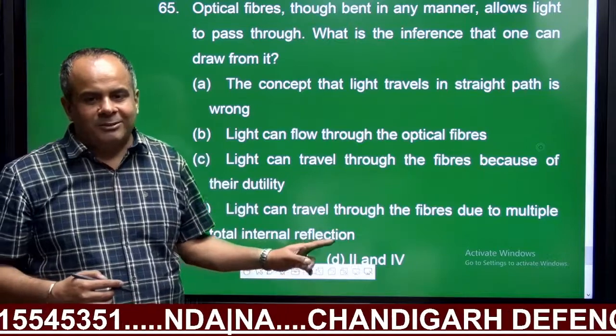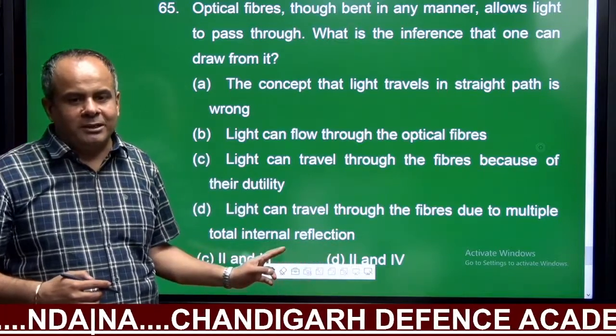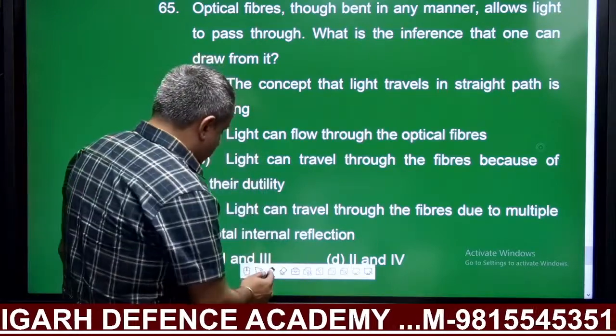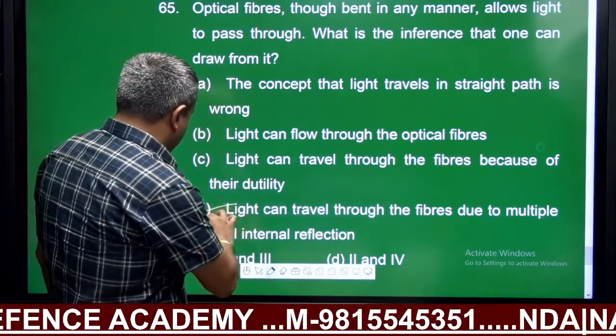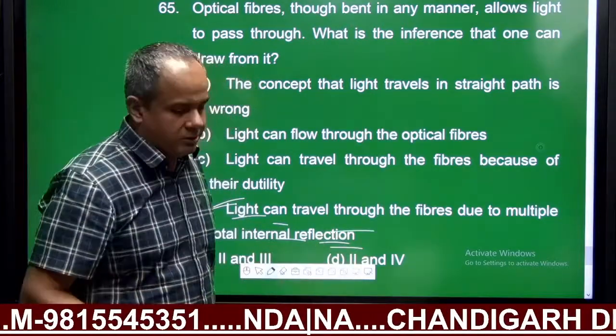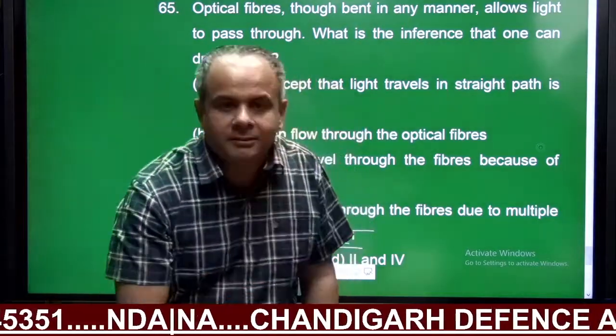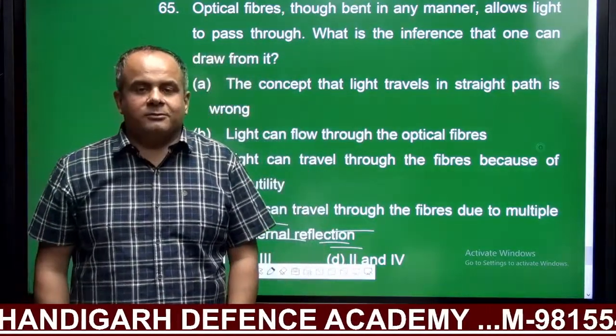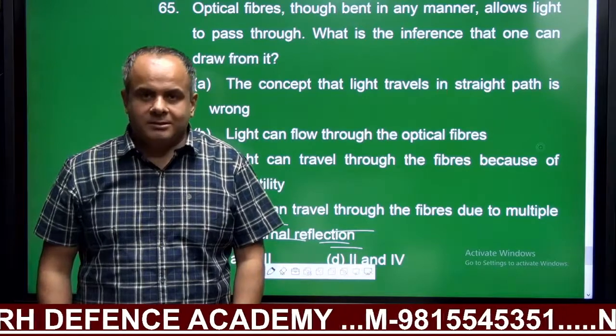Light can travel through the fibers due to multiple total internal reflection. That is the answer. Choice D is the answer. Light travels in optical fiber due to total internal reflection.